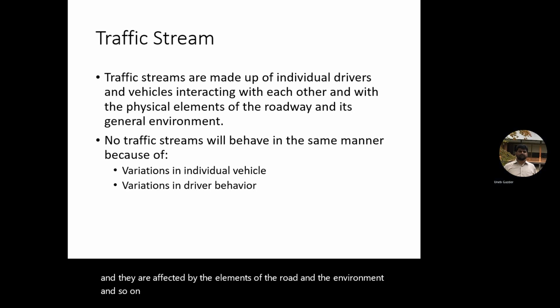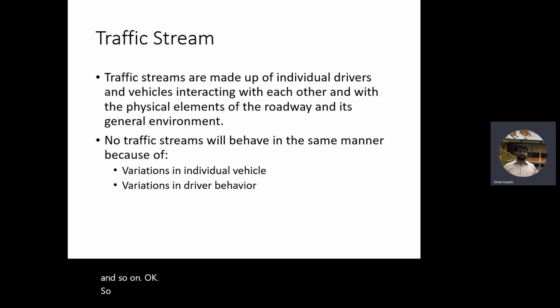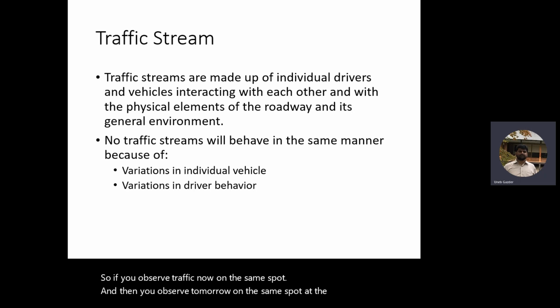Okay. So now the problem with traffic data is they do not behave in the same manner. So if you observe traffic now on the same spot, and then you observe tomorrow on the same spot at the same time, you will not see the same behavior.